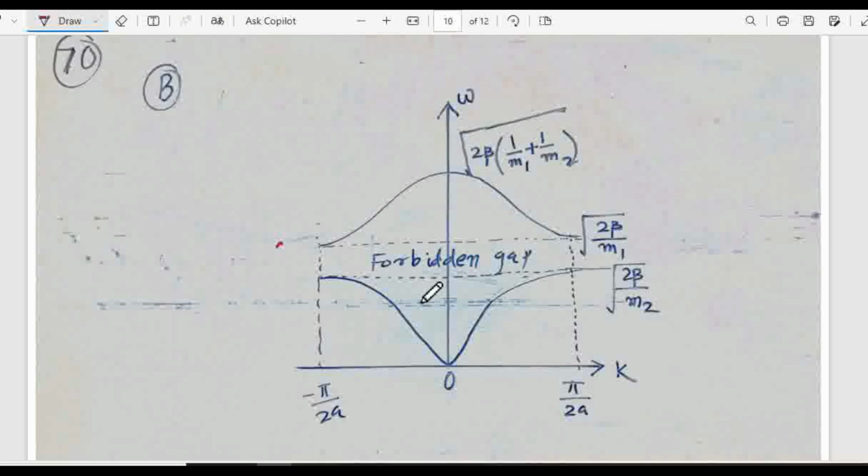You see, this is given for the acoustic mode. When k tends to 0, that means in this region.